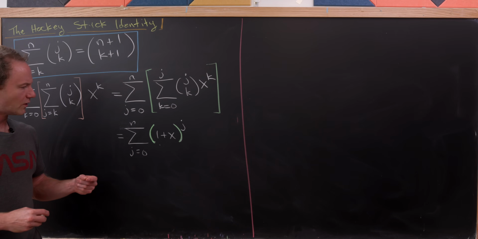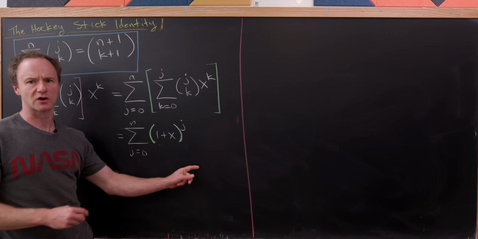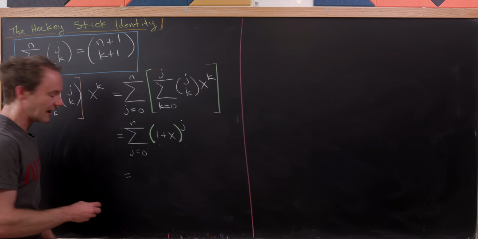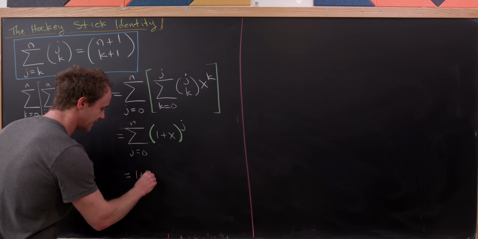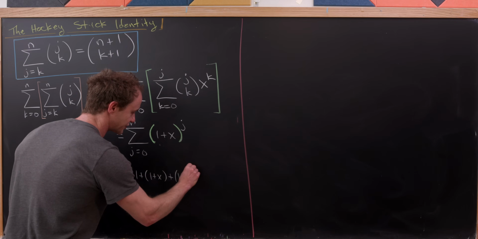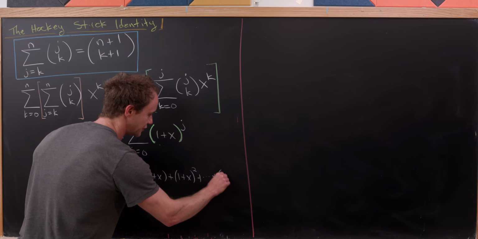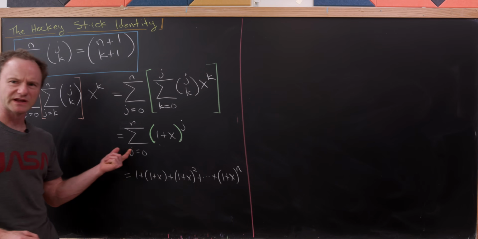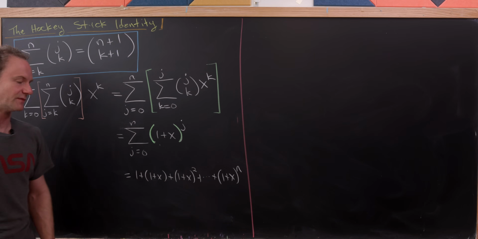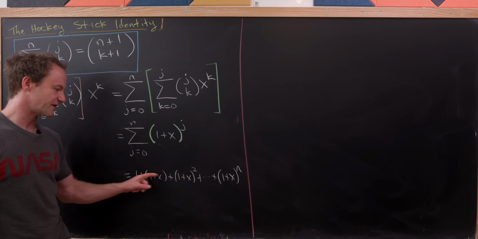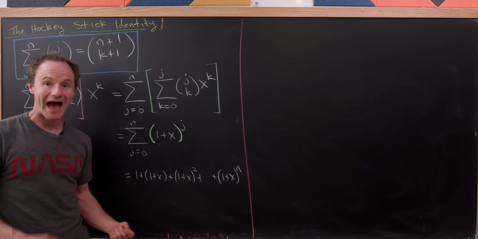But now I'm going to write out some terms of this just to get some more intuition of what it looks like. That is 1 plus (1 plus x) plus (1 plus x) squared all the way up to (1 plus x) to the nth power. So that's what we would get if we were to write this sum out without summation notation. But now I'd like to observe that I've got some sort of standard way of adding all that together.